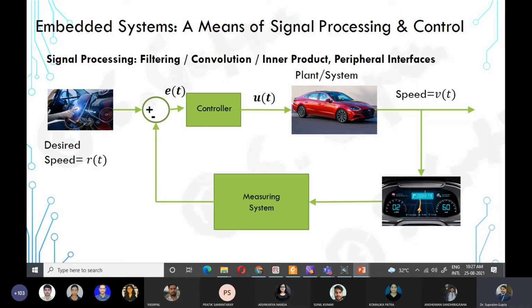Now, the question is how we can fit our embedded system into this situation. Now, you can observe that RT, ET and UT are all continuous signals. But whenever we want to introduce our digital processor into it, we have to convert these signals into the digital domain.